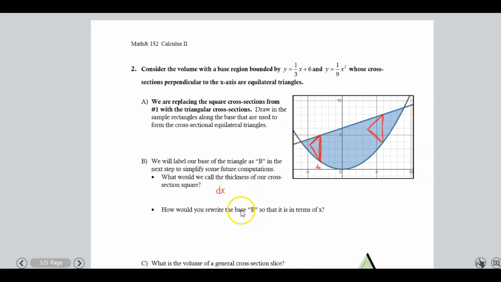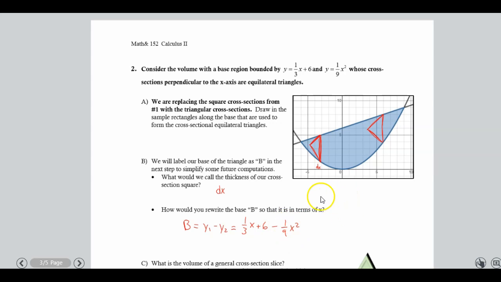Rewriting the base b in terms of x, that's very similar to what we had before. Our b is just going to be that y1 minus y2, or replacing those with our definitions in terms of x, that 1/3 x plus 6 minus 1/9 x squared.